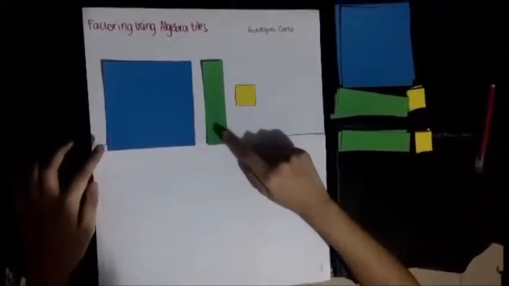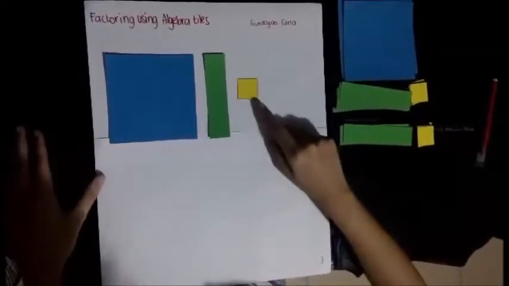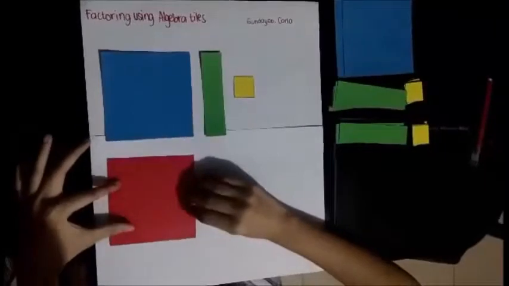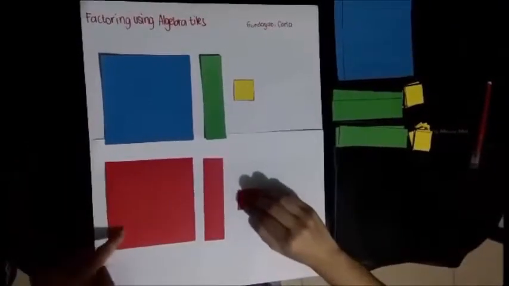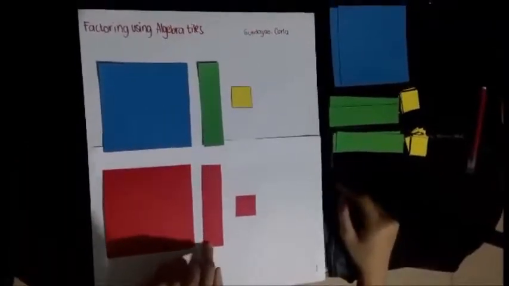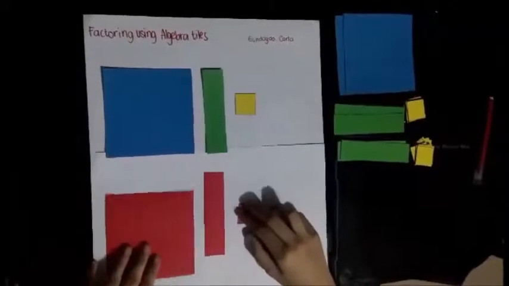The dimension of the x squared tile is x by x, and the green tile is 1 by x. The yellow tile is 1 by 1, and the red tiles represent negative. This is negative x squared, negative x, and negative 1. So now, let's proceed to factoring.